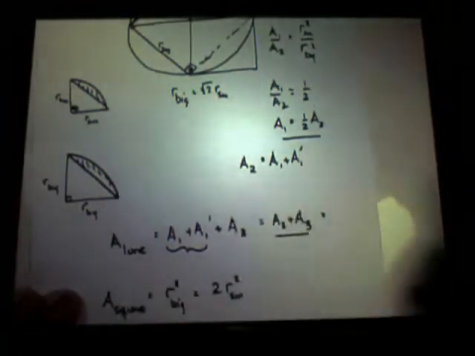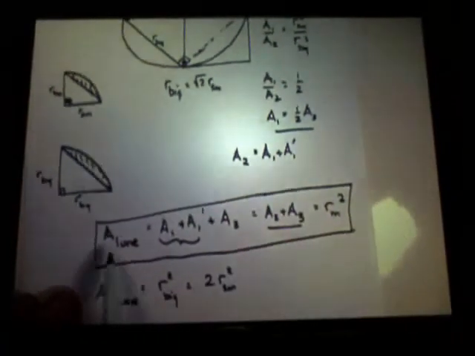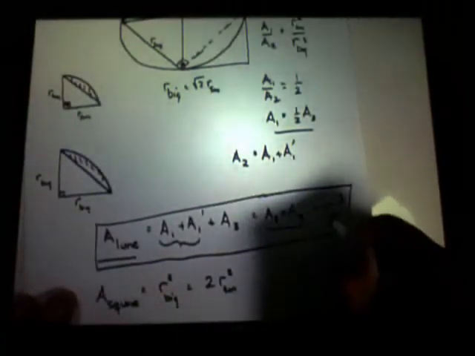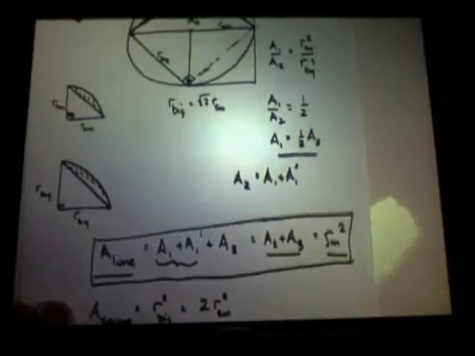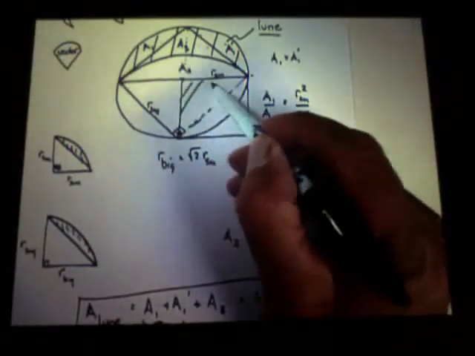So A2 plus A3 must be half of twice R sub small squared. So it just must be one of them. So Hippocrates' theorem basically is contained in this statement. The area of the loom is equal to the area of the defining circle squared. No, sorry, it's the defining square. So the loom has the same area as that square.